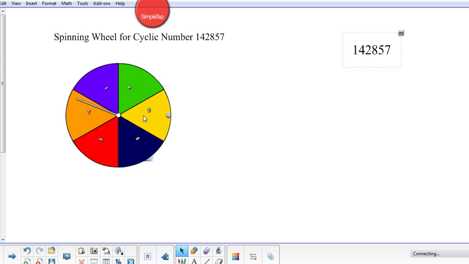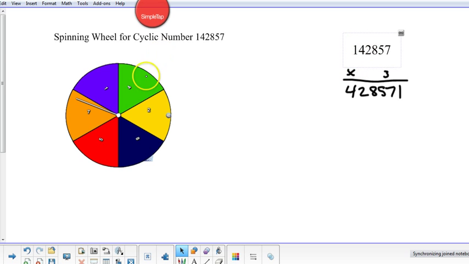If you took 142857 and you multiplied it by 3, all right, let's take a second to do that. It is 428,571. And again, it's the same numbers in the same order.